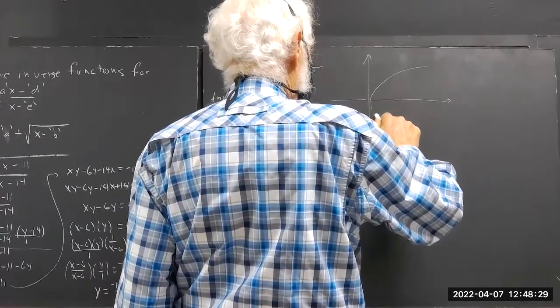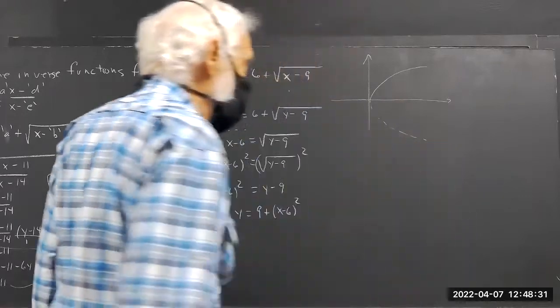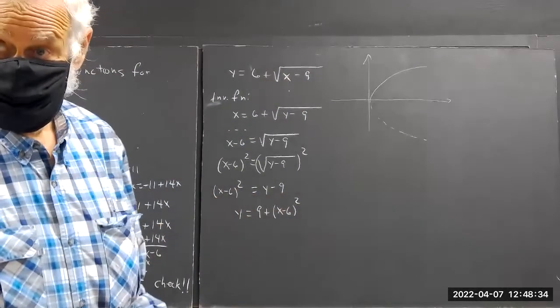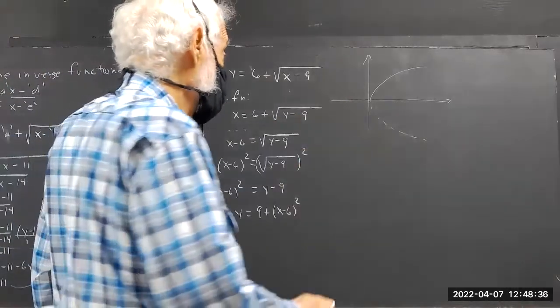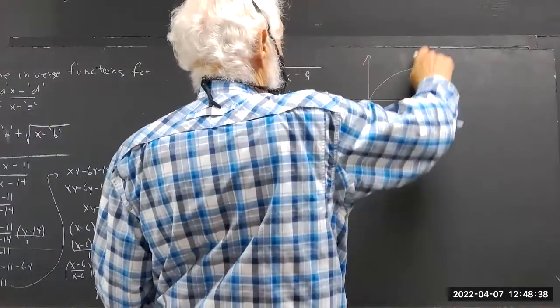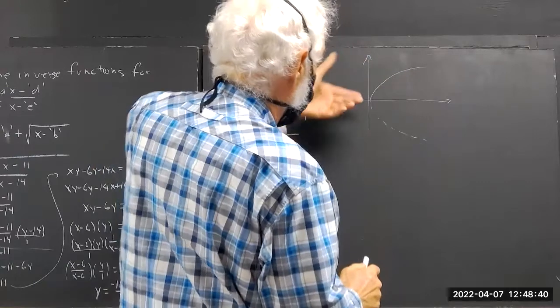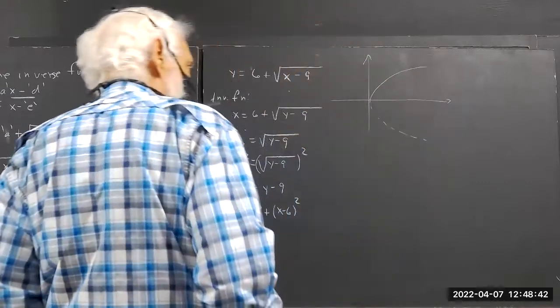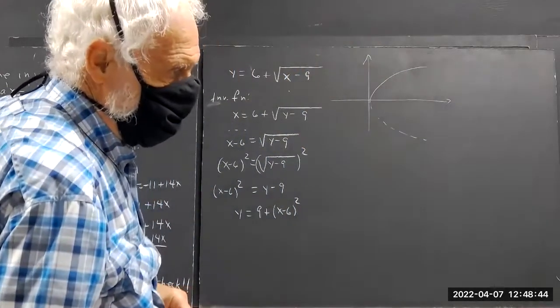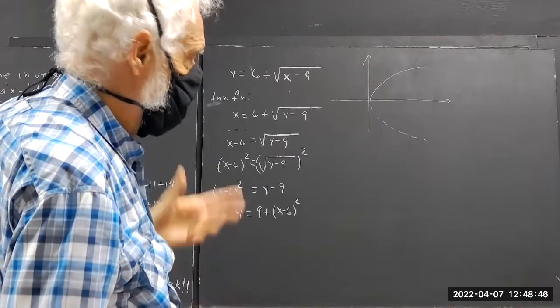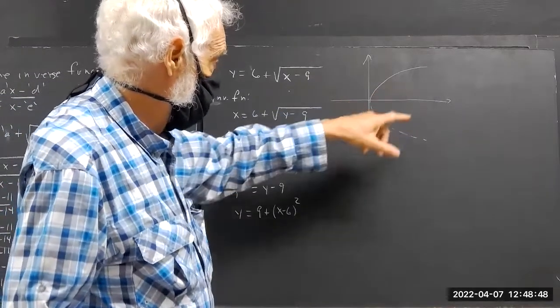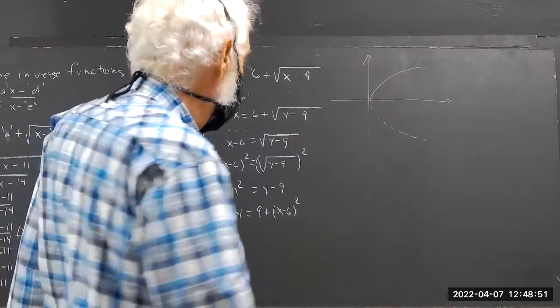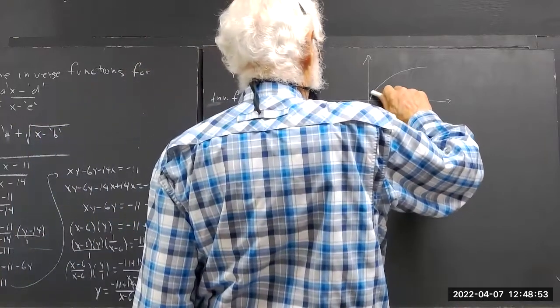Now the inverse of your squaring graph, you flip your x and y coordinates, you get something like this. In other words, your basic squaring graph gets flipped and transposed in a way that I'm not going to detail right now. But right here is your square root function.